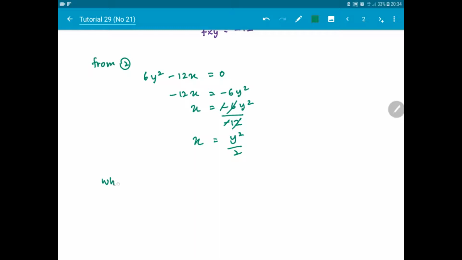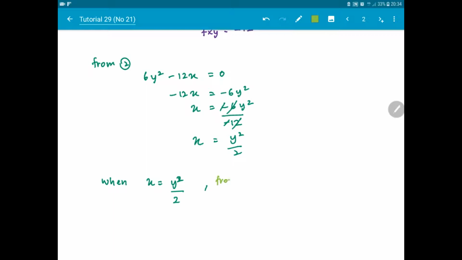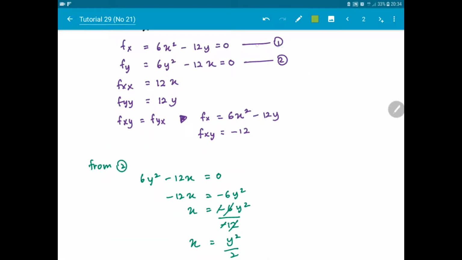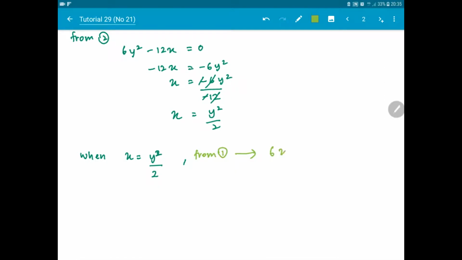When x equals y squared over 2, from equation 1, we get 6x squared minus 12y equals 0. So just substitute this one into this one.